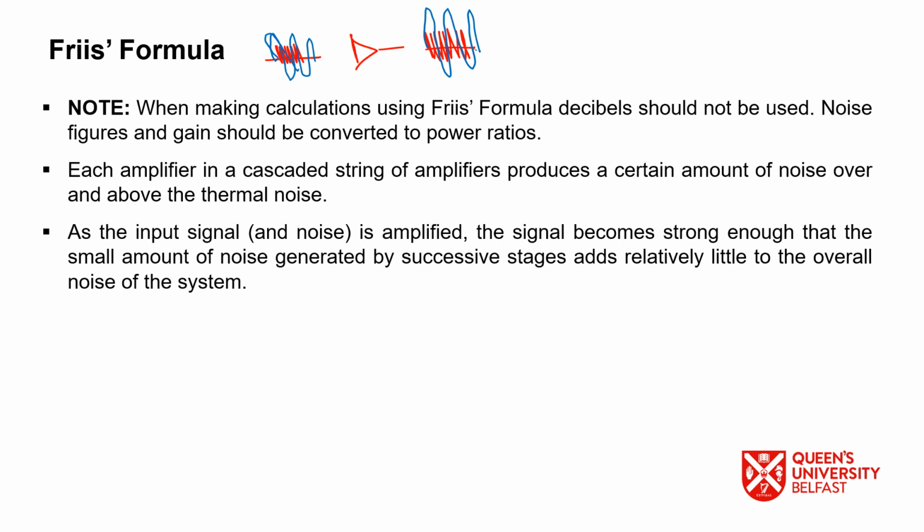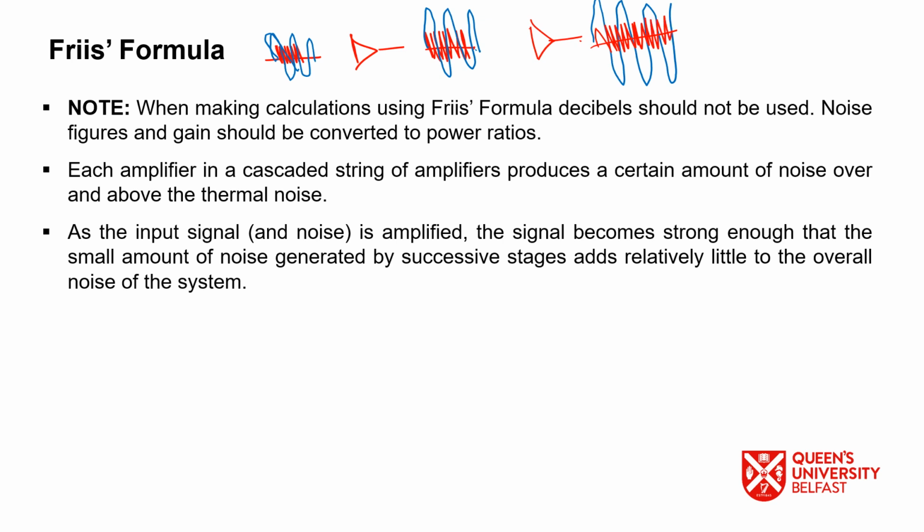and after the cascade of multiple amplifiers, the signal is so large that if noise is added by a cascade system or an amplifier, it will not have any impact, but this will happen at a later stage.